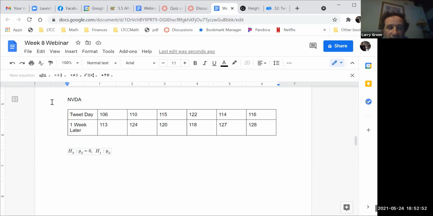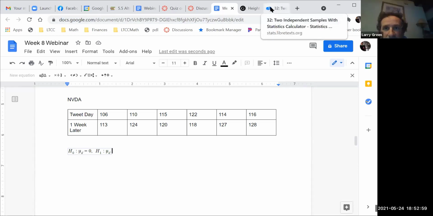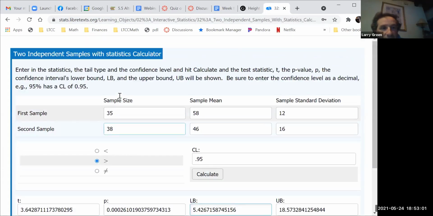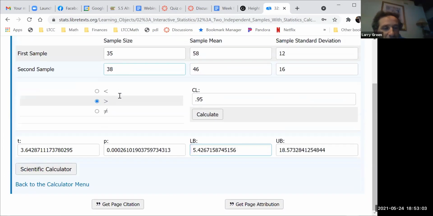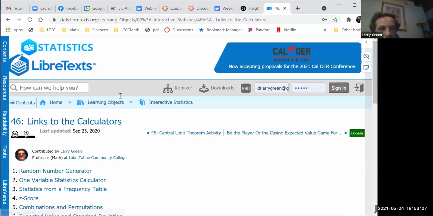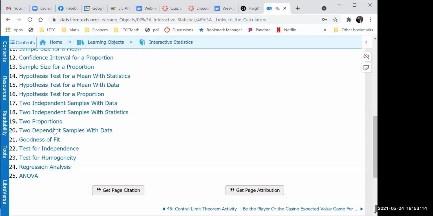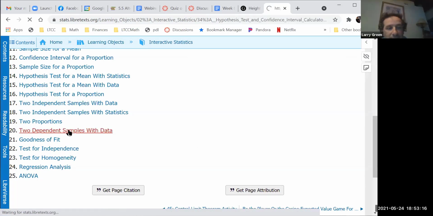Any thoughts? And it might help to see it. First thing, we don't have two independent samples with statistics. Go back to the calculator menu. Which one do you think it is this time? 20? Yeah, this is 20. It's dependent samples with data.